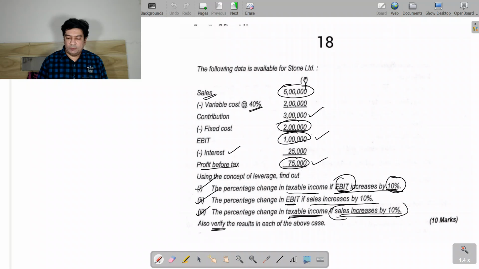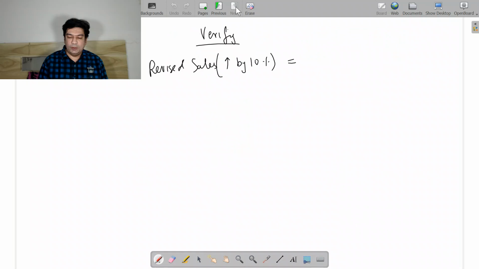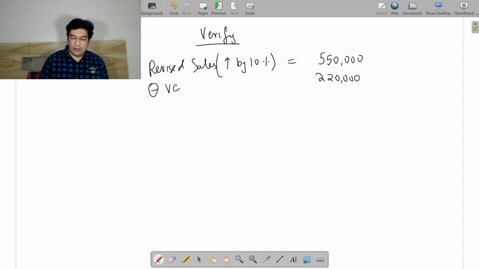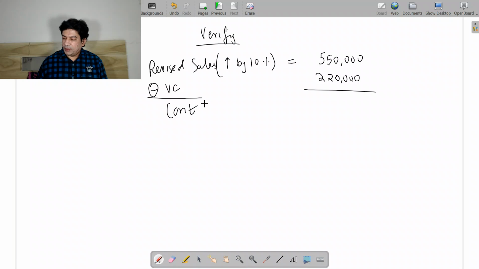Revised sales: 5 lakh plus 10% will be 5,50,000. Then our variable cost was 40% of the sales. So 5,50,000 into 40%, so 2,20,000 will be our variable cost. Now this is going to give me contribution. So 5,50,000 minus 2,20,000 is 3,30,000.